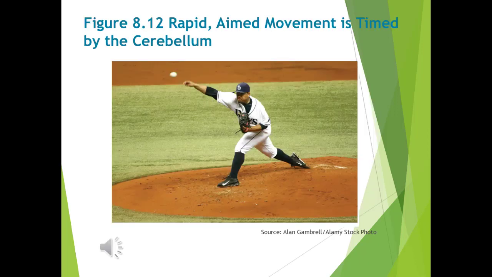Your textbook also discusses how aimed movement, such as throwing of a ball by a pitcher or professional baseball player or any professional athlete for that matter, is the sort of rapid and controlled and timed behavior that is orchestrated by the cerebellum.